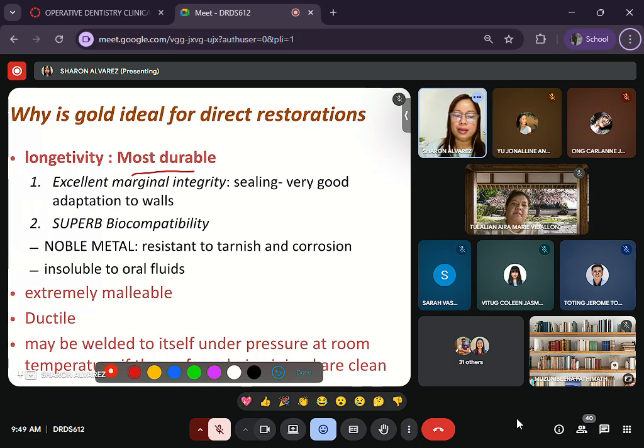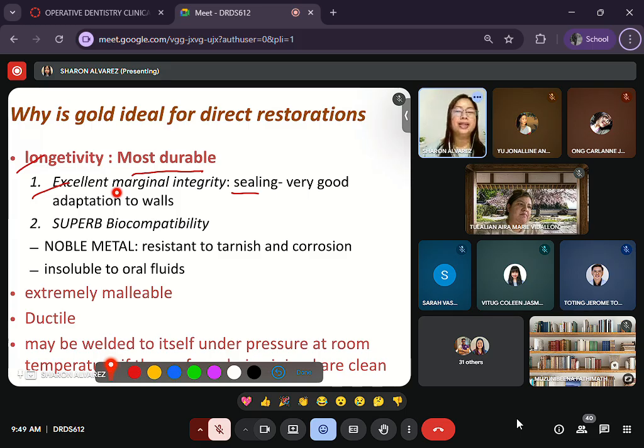Okay? The longevity of gold, again, it can last a lifetime because when properly manipulated, gold can provide us excellent marginal integrity, wherein the sealing ability is very high. Gold, when placed correctly, can have good adaptation to the walls of your cavity preparation.